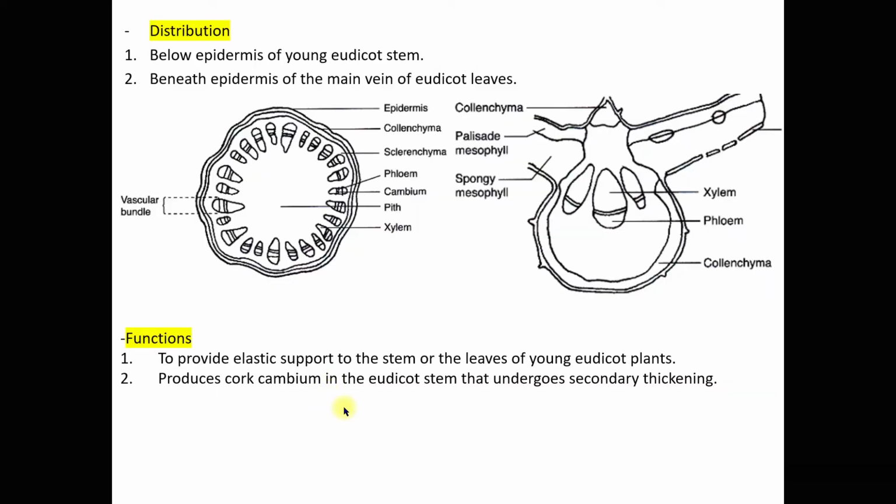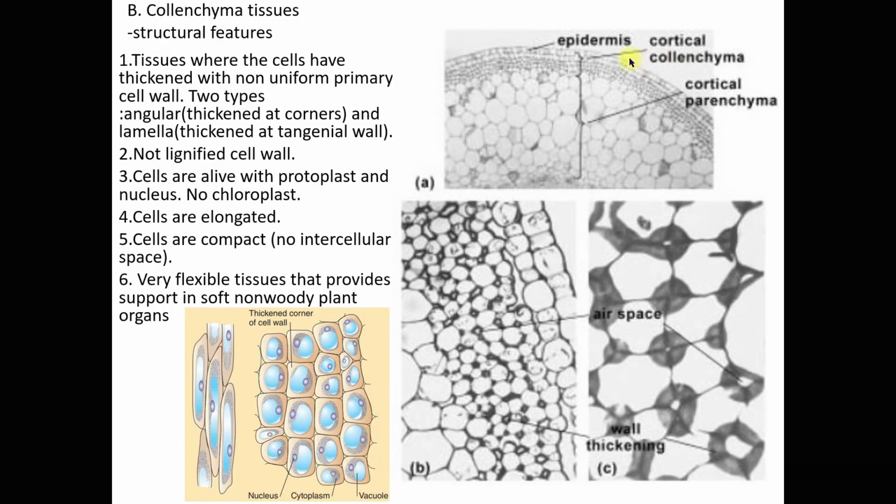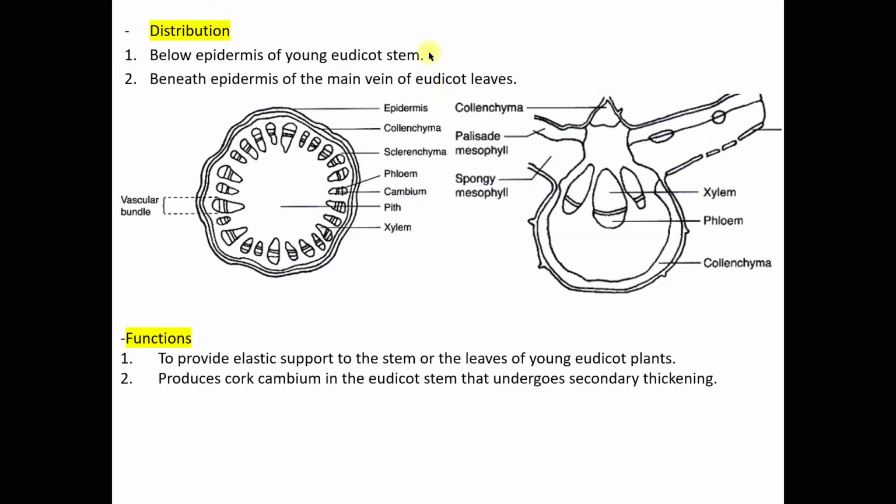Now distribution, below the epidermis of young eudicot stem, just below the epidermis, like here. This is the epidermis, so this is the collenchyma, where they are located, below the epidermis of young eudicot stem, and beneath the epidermis of the main vein of eudicot leaves.